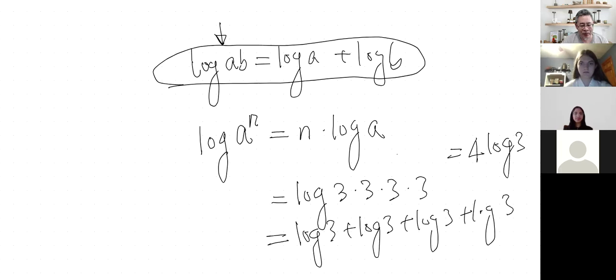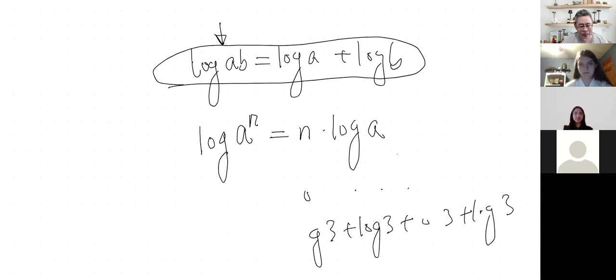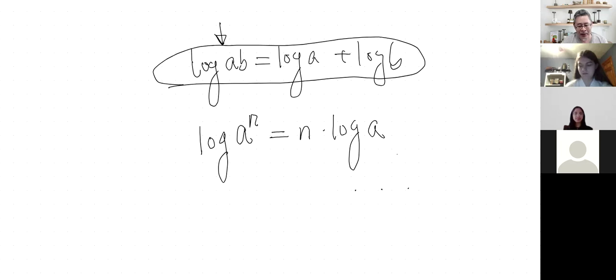And if you want to show how to prove our second rule, we know that we can write log of A times A times A, we have n of those.